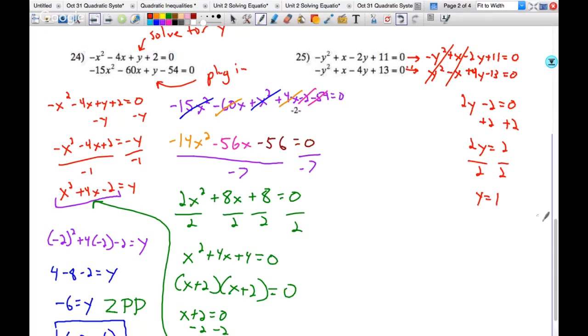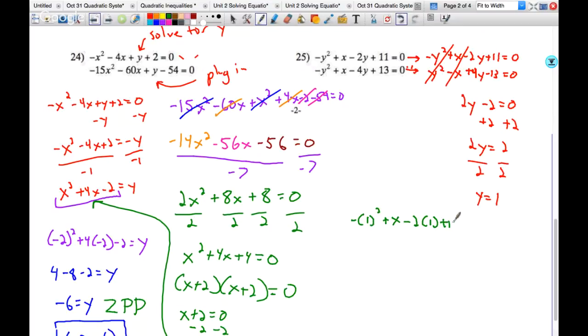Y equals 1. And now I got to plug that back in somewhere to solve for x. I'll just pick the second equation arbitrarily. Negative 1 squared plus x minus 2 times 1. Oh, looks like I'm doing the first one. Oh, well, yeah.